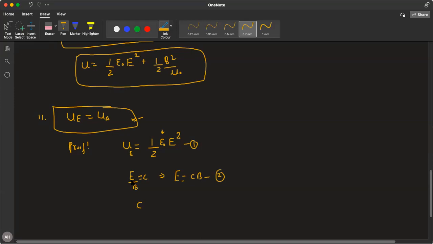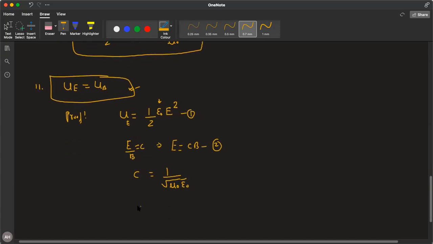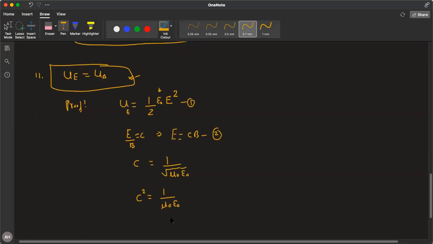C is equal to 1 by root of mu naught into epsilon naught. Taking square on both sides, we get C square is 1 by mu naught into epsilon naught. Or you can write that epsilon naught is 1 by mu naught into C square. I call this equation number 3.